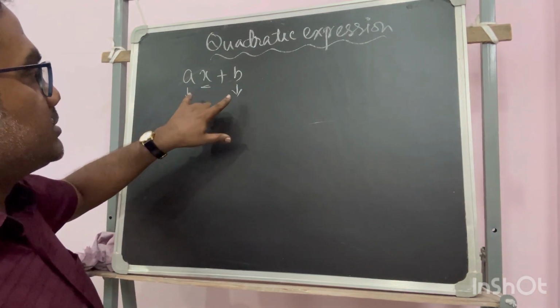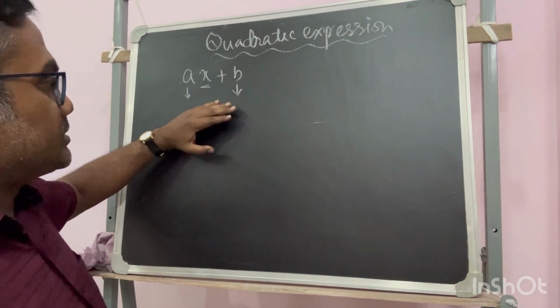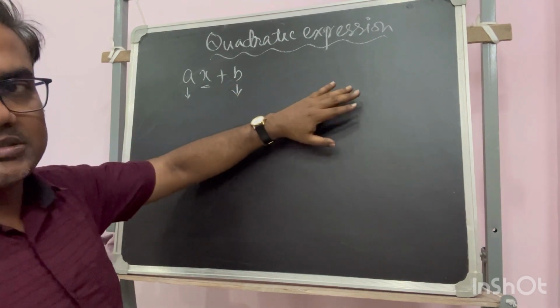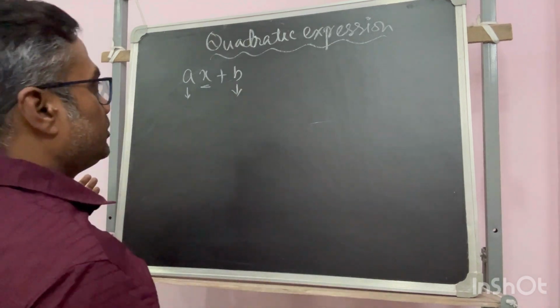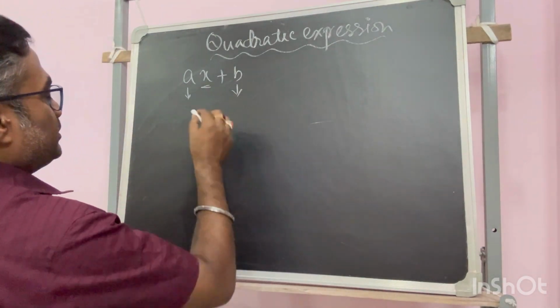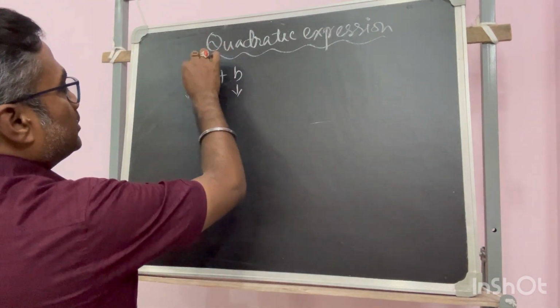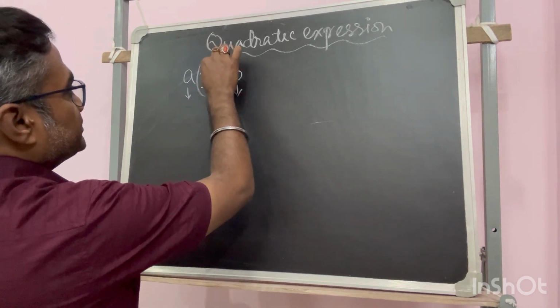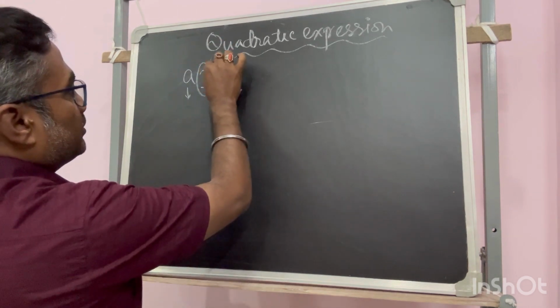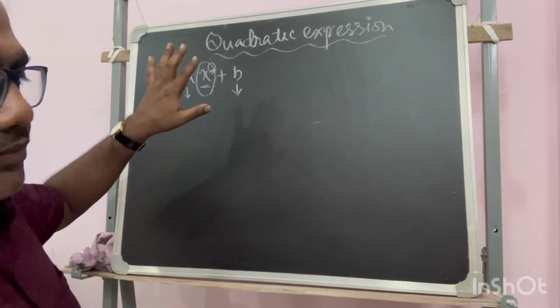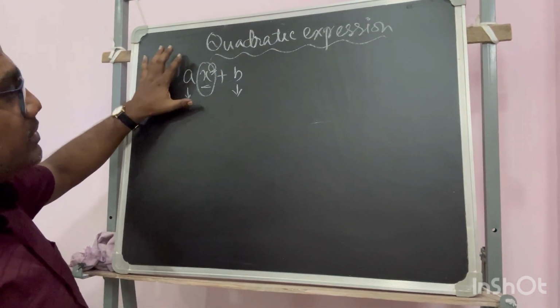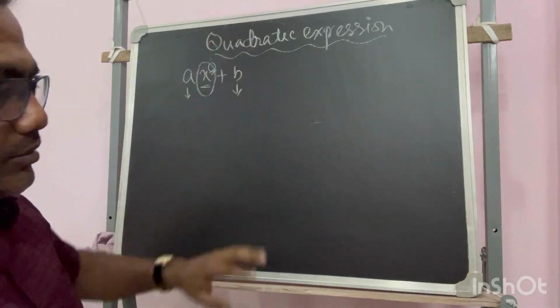So this is an expression. So an expression does not conclude any result. Okay, so this could be of any order. What is order? The power which the variable is carrying, the power on its head, is the order. So an expression can be of any order.